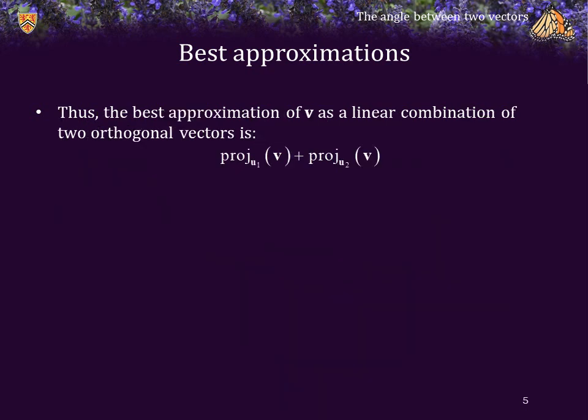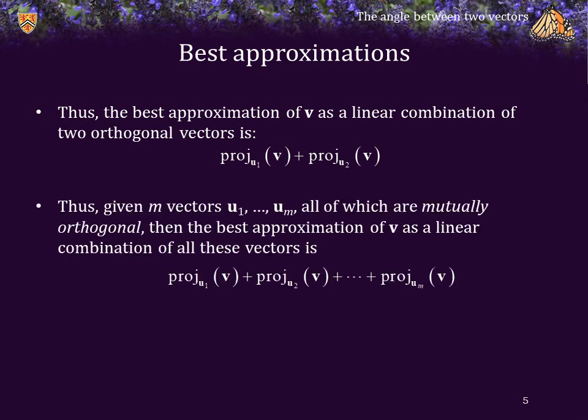Consequently, if u1 and u2 are orthogonal vectors, then the best approximation of any vector v as a linear combination of scalar multiples of u1 and u2 is to simply calculate the projections of v onto each of them and add them. Okay, that makes sense.